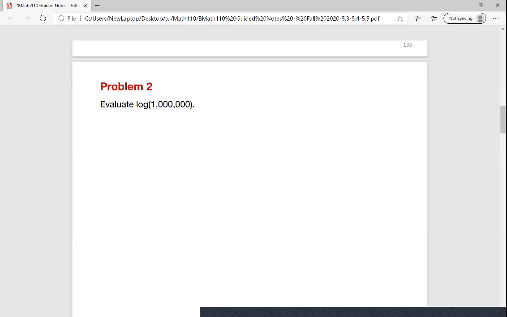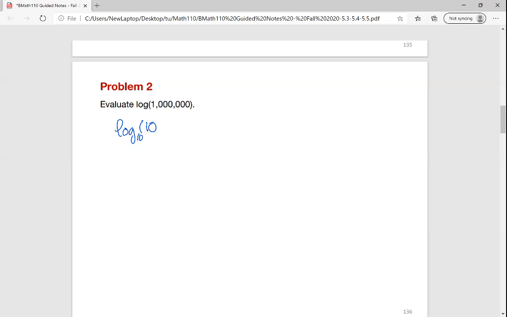All right. So in this one, I would like to say log of 1 million becomes 10 to the power of something, because I have the hidden base 10 here. I can leave base 10 here, that's fine too, but you don't have to put it.